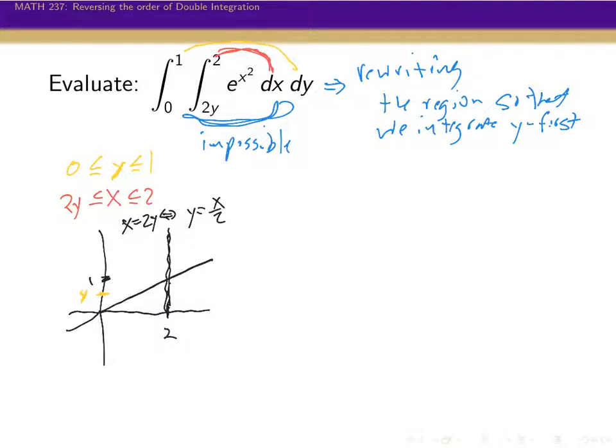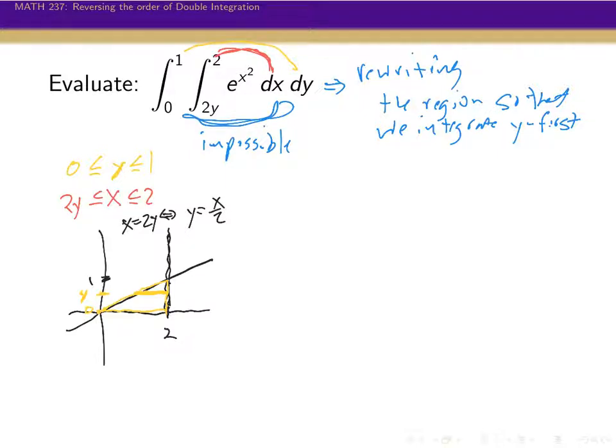And then it says the region is all the x values starting at 2y, so that's on the line, and going until x equals 2. So all the x values right there. That yellow line there is inside the region, and so that's telling us that the region here is going to be this triangle right here. That's all the places from y equals 0 to y equals 1.